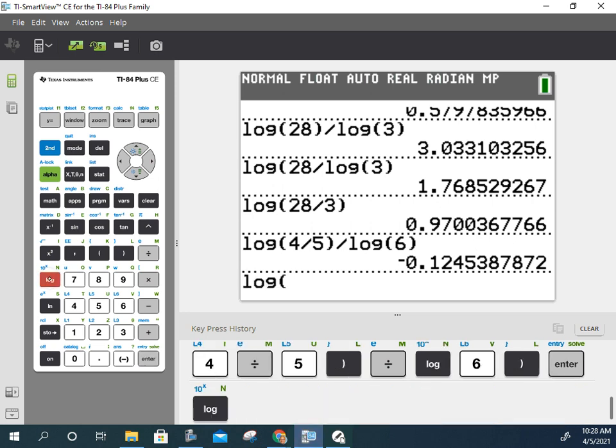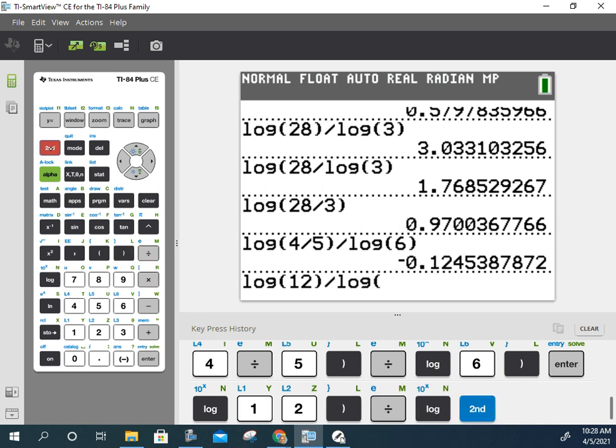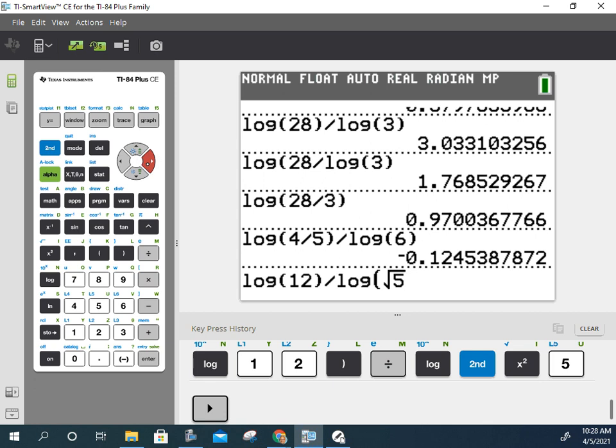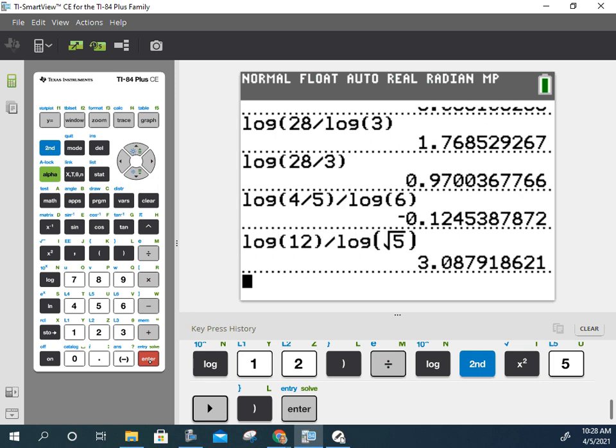So log 12, close parentheses, divided by log square root 5. Now, I have a newer model calculator, so I got to use the arrow key at the top to move it to the right so I can close my parentheses. So since I have a newer model calculator, I have to do that extra step.